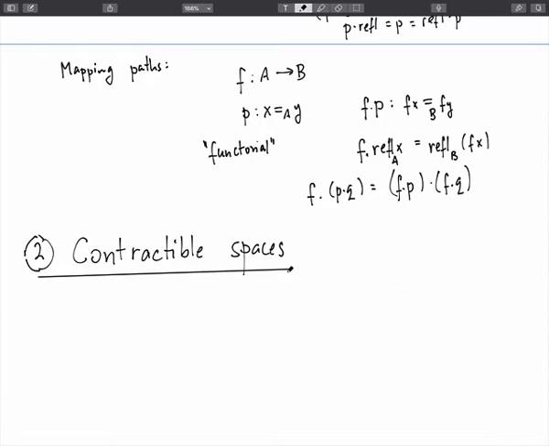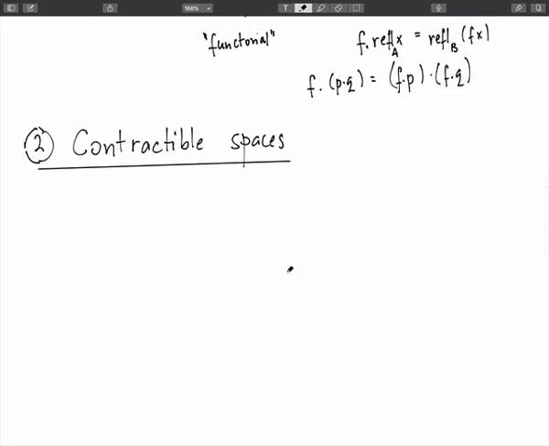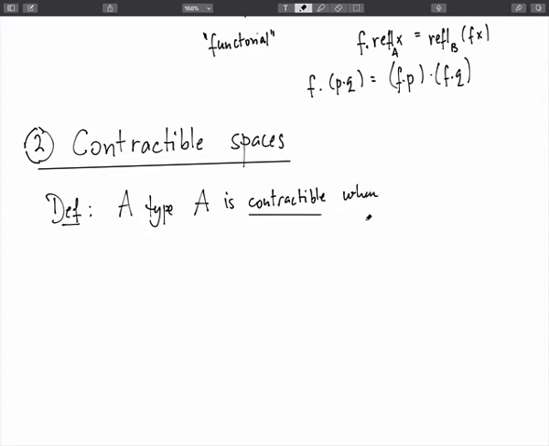Okay, so let's try to define that in homotopy type theory, and this is the definition. Now this is all Vladimir Voevodsky originally. So, definition: we're going to say that a space or a type A is contractible when, so now I'm going to write down a type.